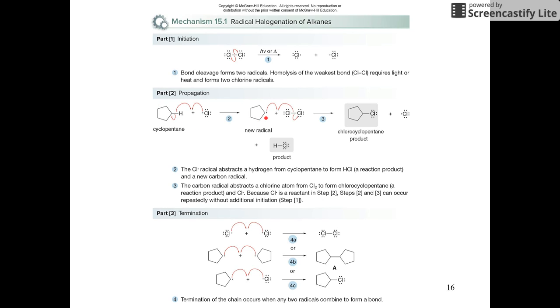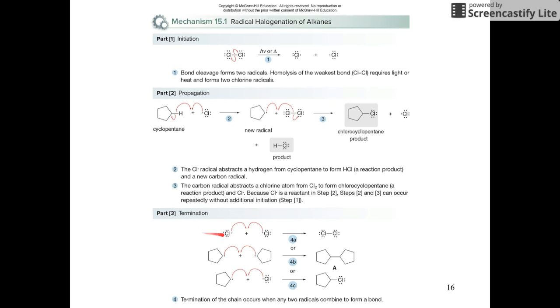And again, we're making a new radical. It's a carbon-based radical. This carbon-based radical can then react with another molecule of chlorine to give the chlorocyclopentane product, but it also gives us another chlorine radical. Okay, and that radical can then continue this process. It can go back to this step here. We also get HCl as a byproduct.